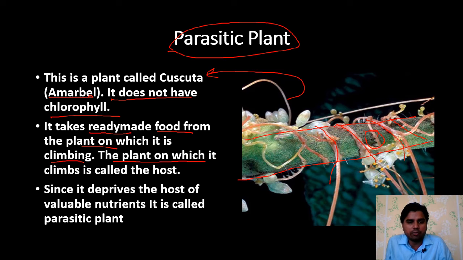The plant on which it climbs is called the host plant. Since it derives valuable nutrients from the host, it is called a parasitic plant. So the characteristics of a parasitic plant are that it lives on another plant and derives nutrition from it. I hope it is clear to you, students.